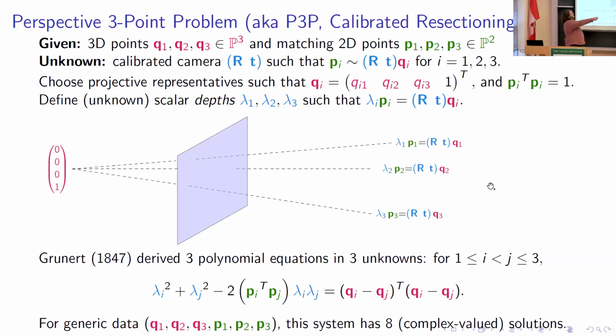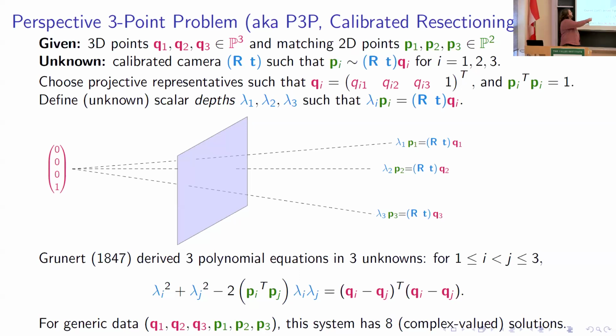So let's say I did Q1, Q2. Well, then if I choose appropriate representatives of my Qs and Ps, I could compute the length of this side. So that's just the distance between Qi and Qj. And then the lengths of these dashed lines, of course, are just the lambdas if you normalize the P's appropriately, which I think I said here. Pi should be unit length.